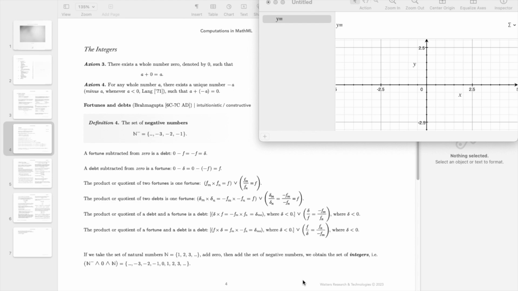Right. Just to reiterate and perhaps elucidate a bit more clearly, a fortune subtracted from zero is a debt, and we've covered the algebraic or arithmetic interpretation of that idea. Let's think about it a bit more geometrically.